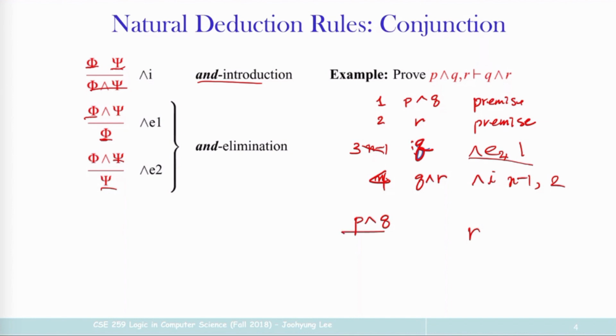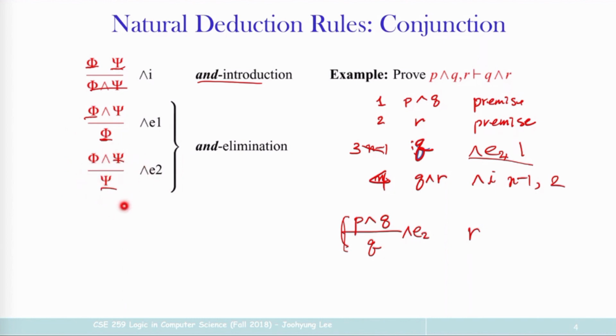From P and Q, I can derive Q, because that's what happens with conjunction elimination, version 2. Just look at this pattern. This part is exactly reflecting the pattern here.